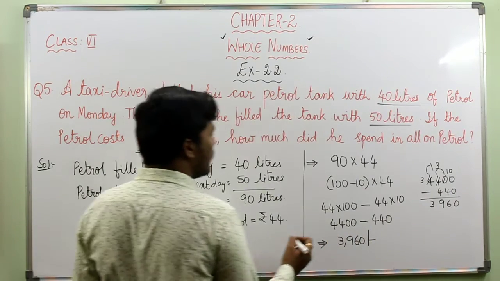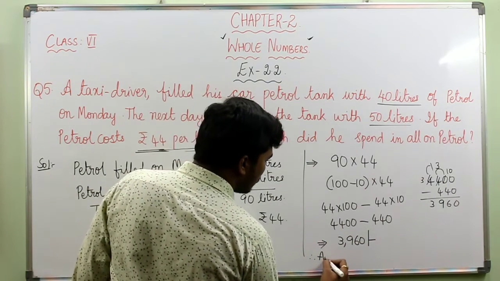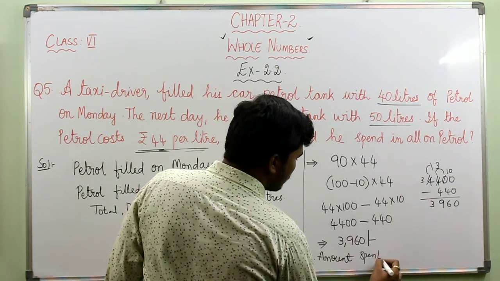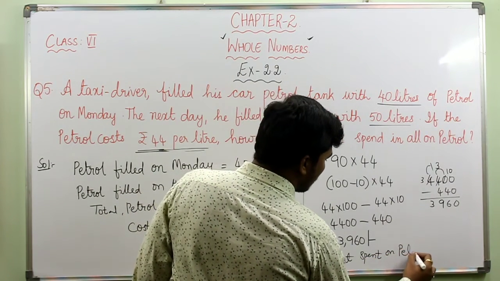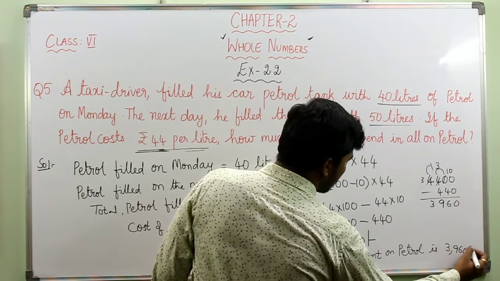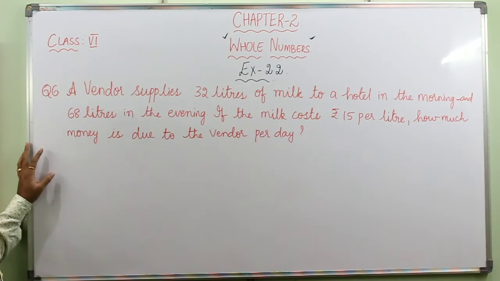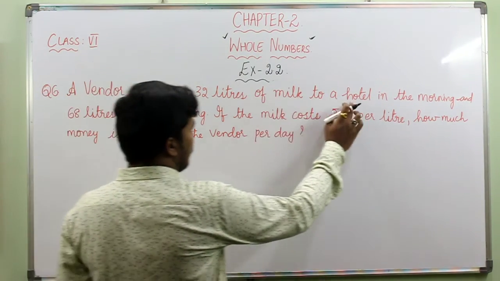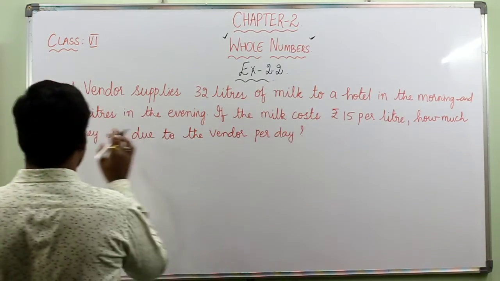Therefore, the total amount spent on petrol is 3,960 rupees.